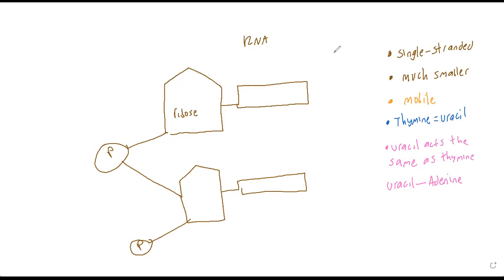All right, so that being said, I am going to draw here an example sequence for DNA. I'm going to write something called a sense strand. So now we are back to DNA.